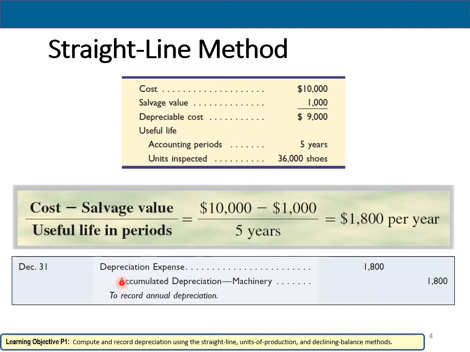It's an asset account that has a normal credit balance, and for balance sheet purposes, accumulated depreciation is subtracted from the asset category to which it's related. So for this example, you'd have machinery as an asset, and then you'd have accumulated depreciation machinery right below it, subtracted out. We'll take a closer look at that in class.